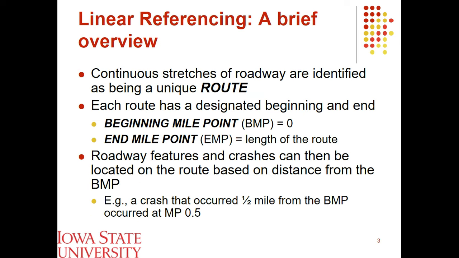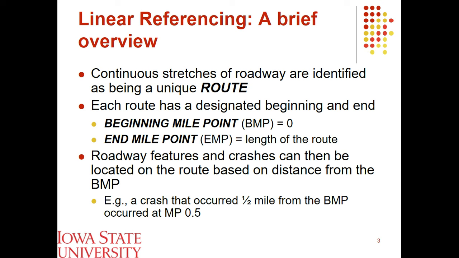So a brief overview on linear referencing: we can think of a continuous stretch of roadway as being identified as a unique route. One of the most common examples that we see in transportation is an interstate. If we were to think of Interstate 35 across the state of Iowa, we could consider that to be one route.